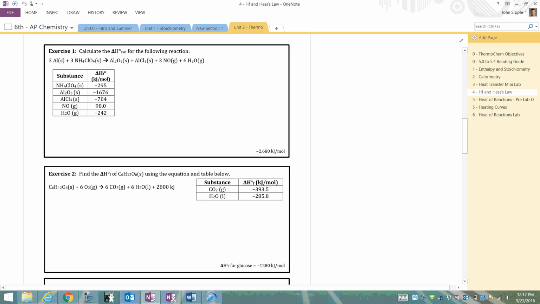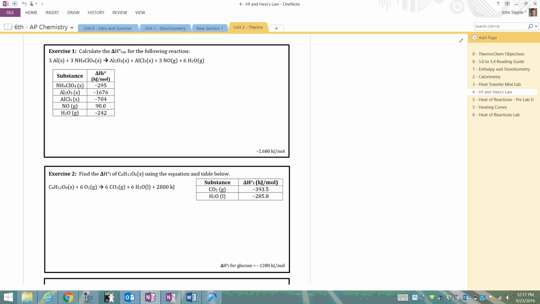Here we go. So calculate delta H of the reaction. And the nice part, especially when you're looking at heats of formation, is they give you the values every single time, because we can look them up in a table in the back of the book. The only time they don't is when it's an element, like aluminum. Notice aluminum is the only one that's not on there.